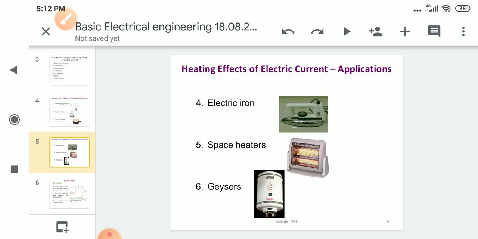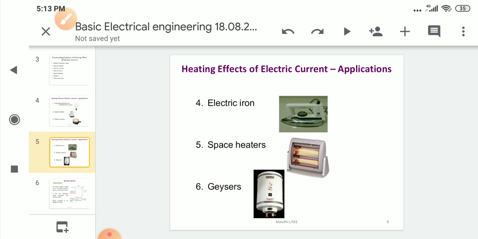So the heating effect of electric current is utilized in many electric heating appliances which are used in day-to-day life, such as electric iron, soldering iron, and in addition to these domestic appliances we also have industrial appliances.